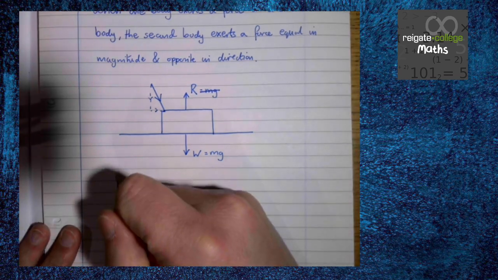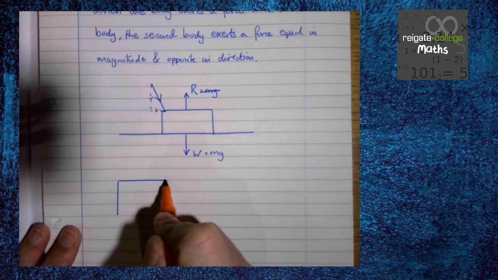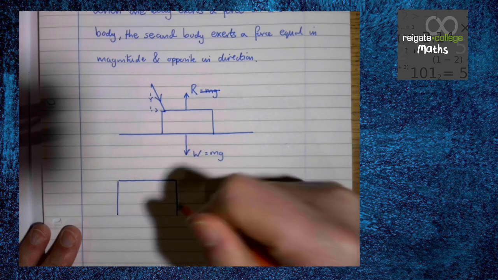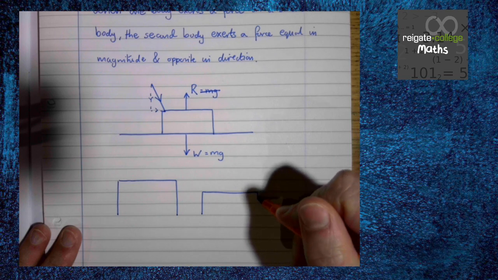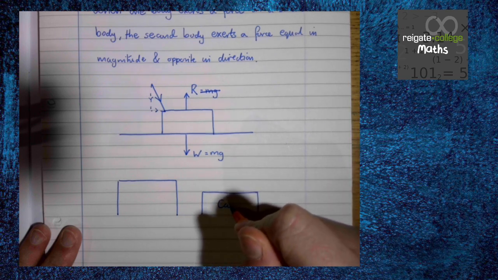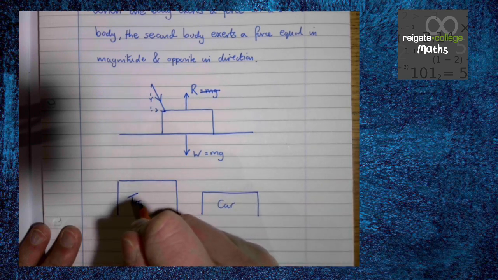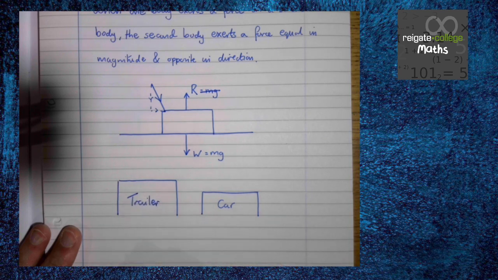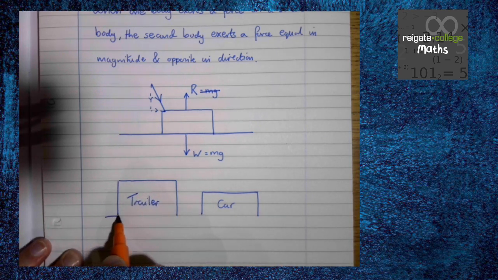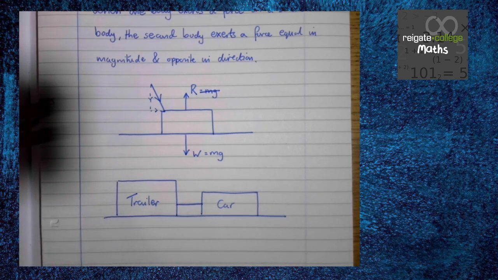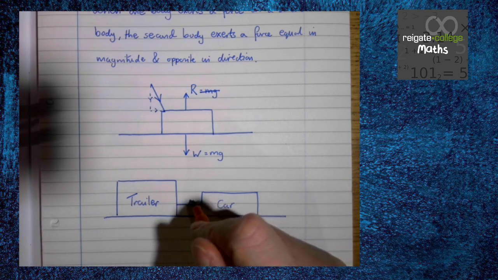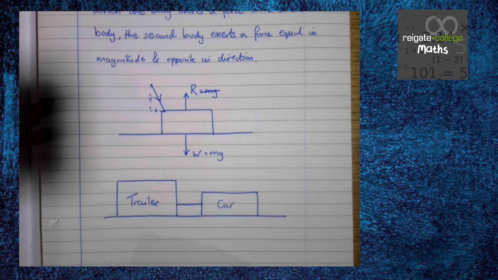So if you've got a car and a trailer, now I am not an artist, so this is a car and this is a trailer. They are joined together by a coupling or a tow cable. In this case, we have the car pulling the trailer along.